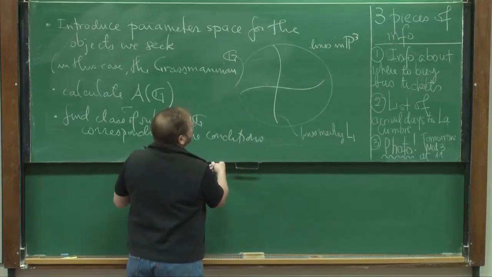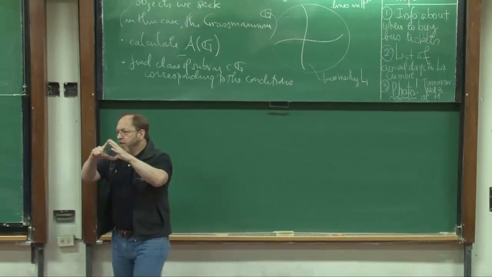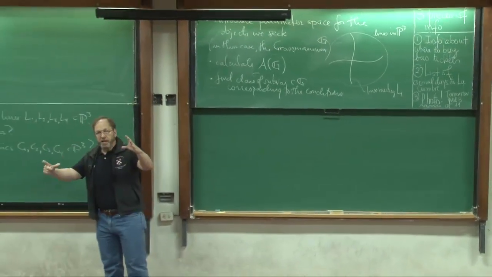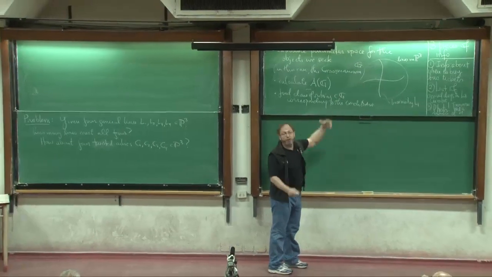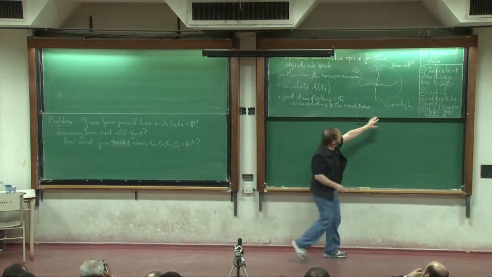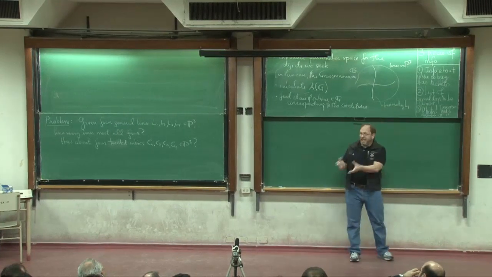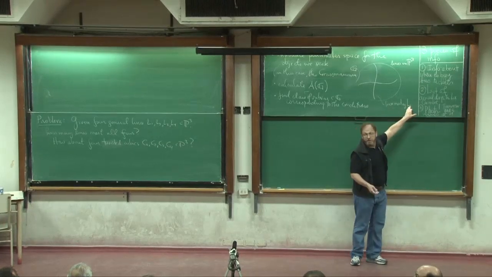If I have two lines in P3, I can interpolate between them with a rationally parameterized family of lines. That gives me a family of cycles in the Grassmannian, parameterized by P1. That says that the class of the cycle of lines meeting a given line is independent of the choice of line.